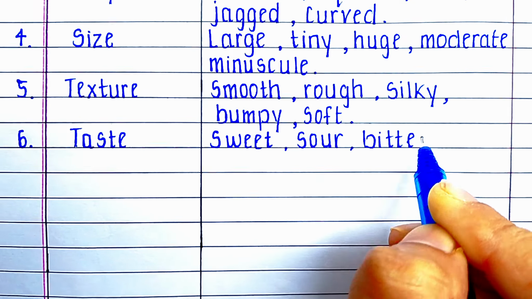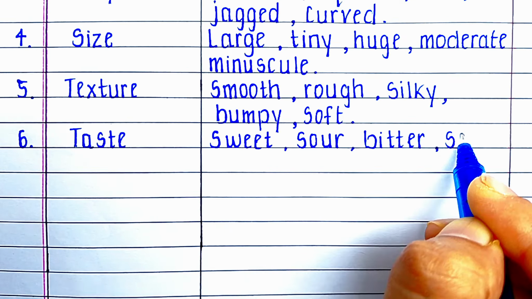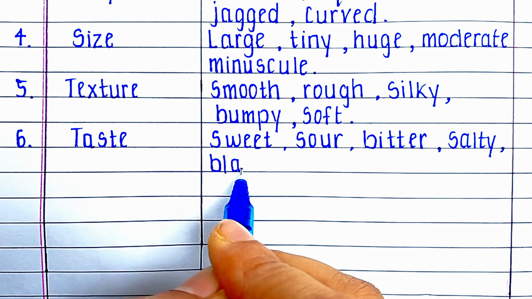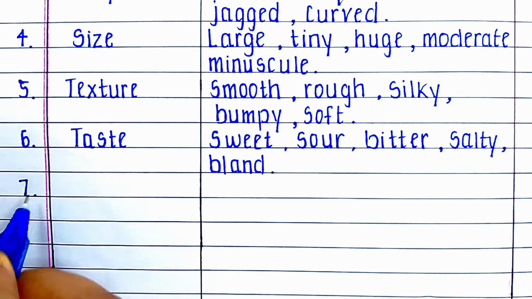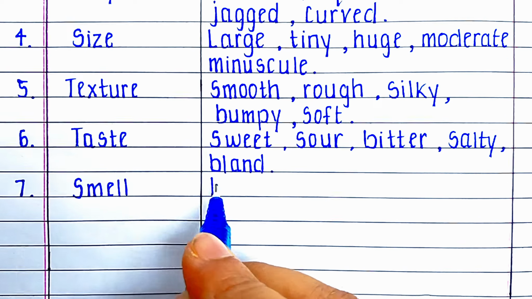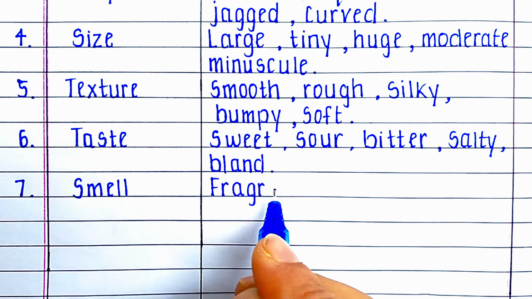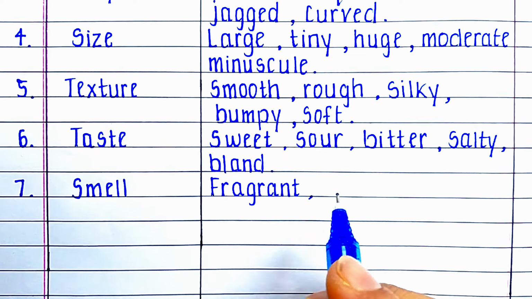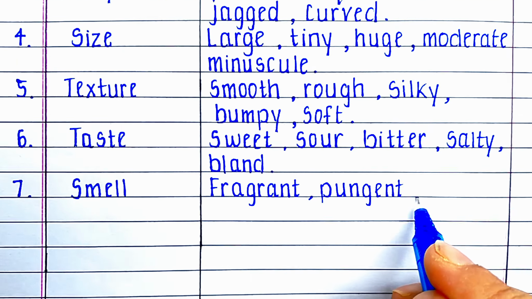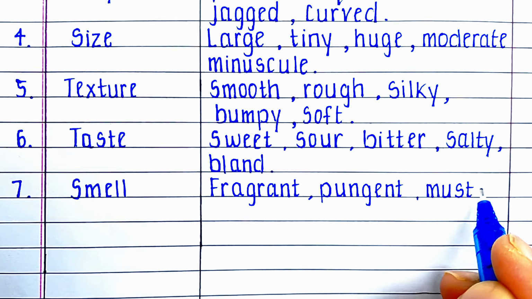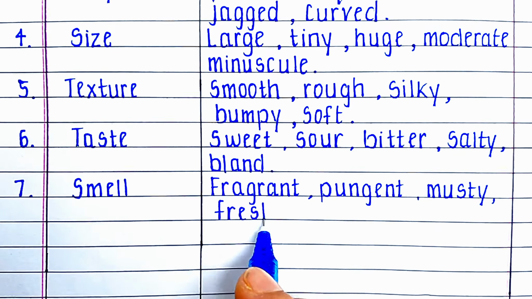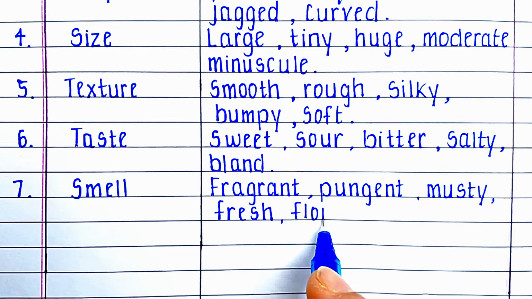Descriptive words for the category of taste are sweet, sour, bitter, salty, bland, etc. Next category is smell. Descriptive words for the category of smell are fragrant, pungent, musty, fresh, and floral.